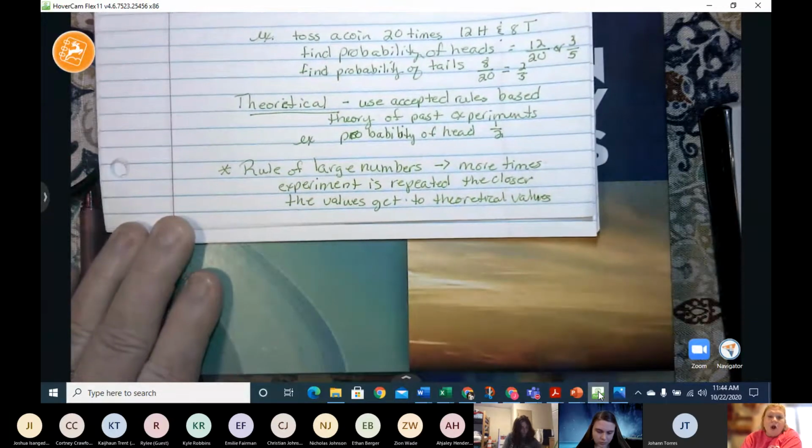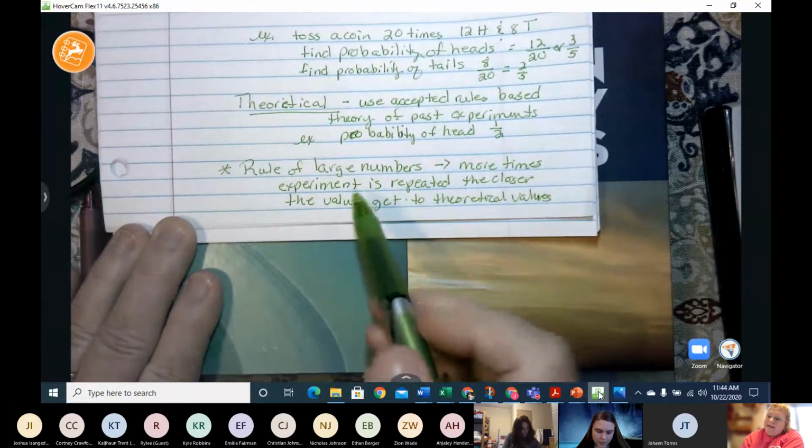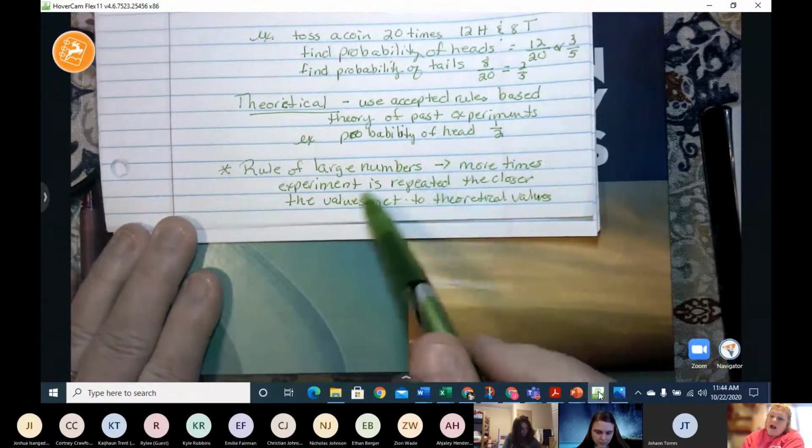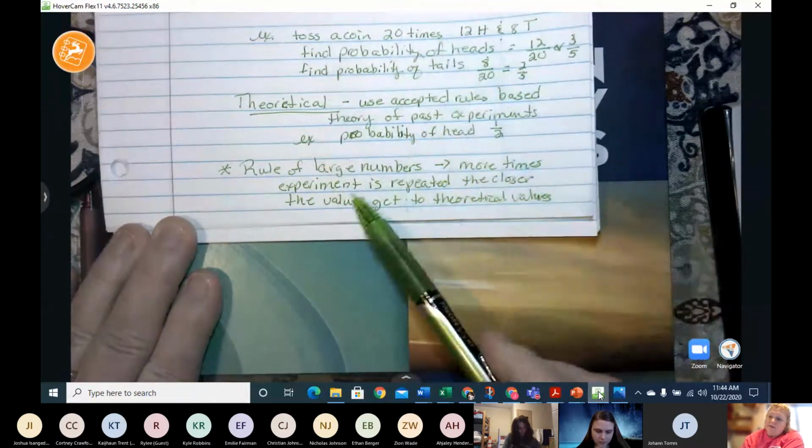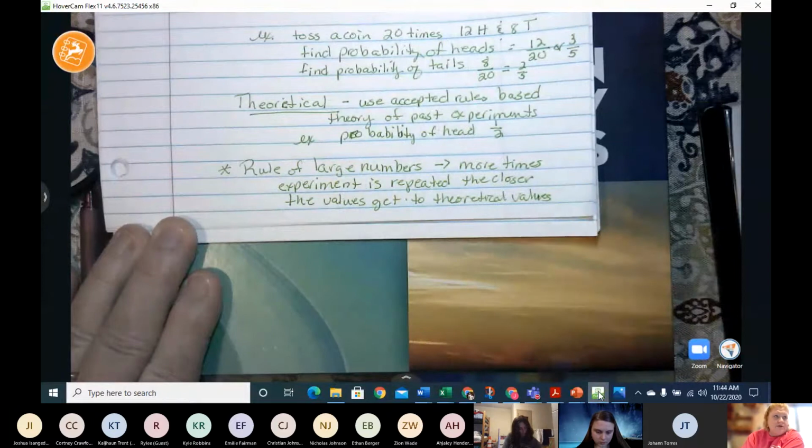So the law of large numbers guarantees us that our empirical data will eventually reach the theoretical values.